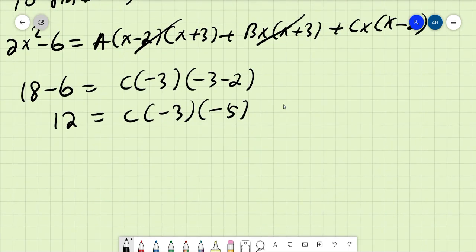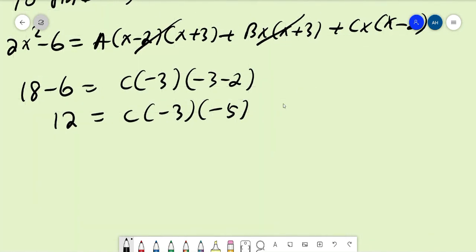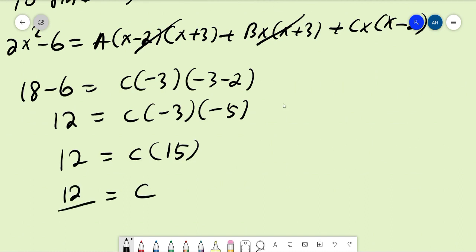So 12 equals c multiplied by 5 times 3, which is 15, positive. So c equals 12 over 15, or we can simplify this, 3 times 4 is 12, 3 times 5. So c equals 4 over 5.